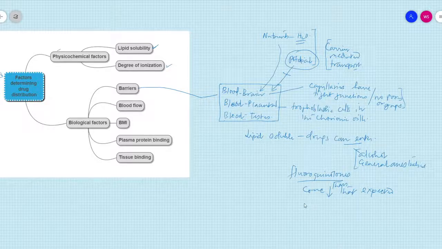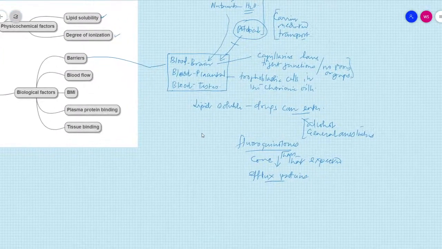The reason is that there are certain efflux proteins. Efflux proteins are basically pumps that pump the drug from within to outside. So the drug that reaches the CNS is removed by the efflux pumps. The most important efflux pump is P-glycoprotein.